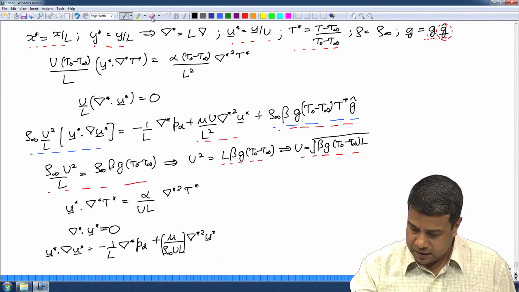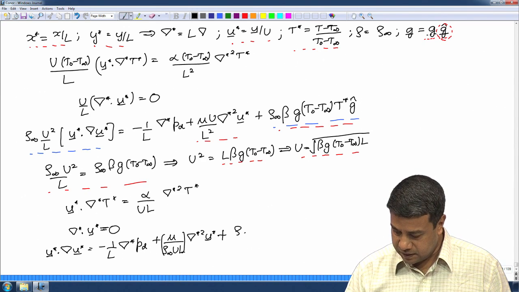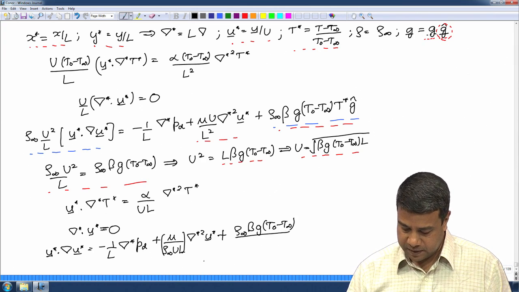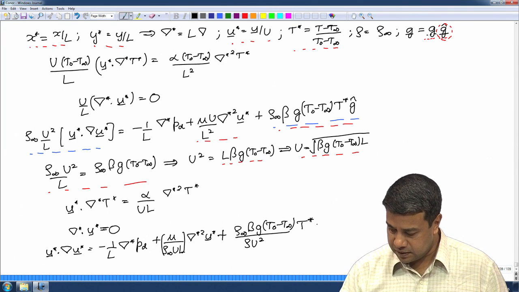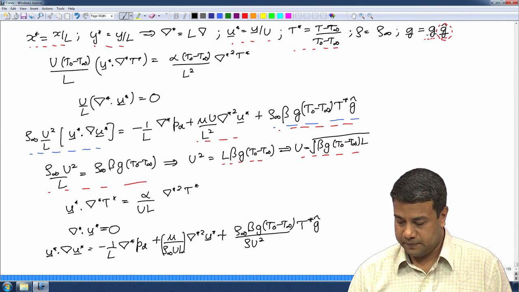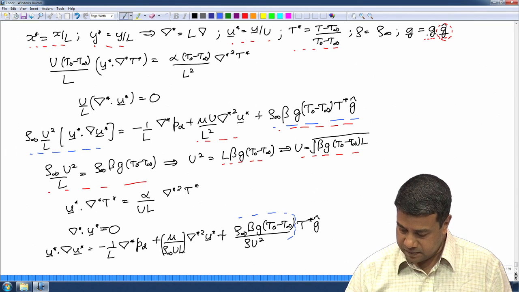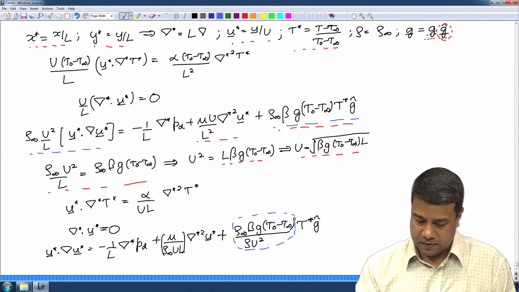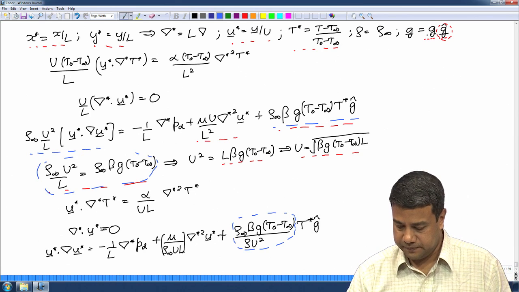And then I have this last term on the right side, which is plus rho infinity beta g into T naught minus T infinity, divided by rho u square, times T star g hat, where g hat is a unit vector. This entire factor here is 1 because we have balanced the rho u square with this body force term.